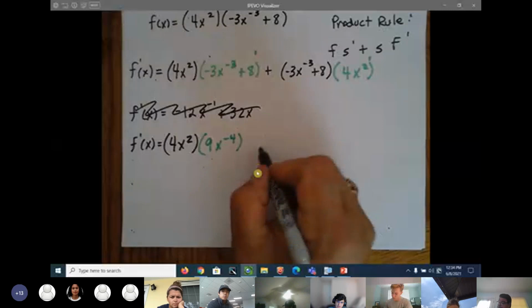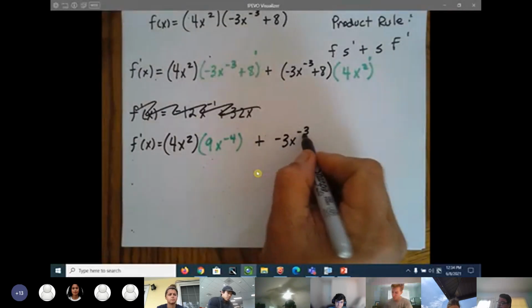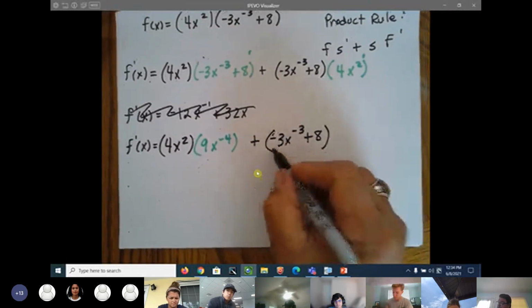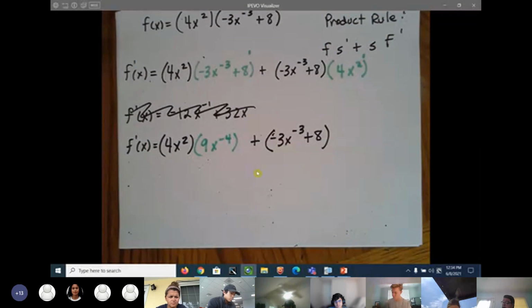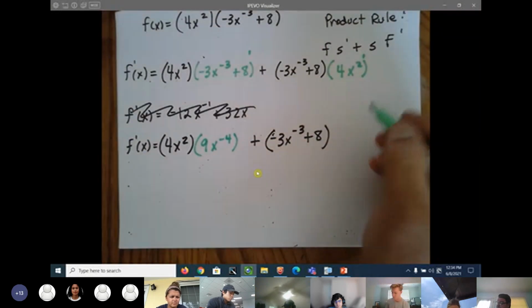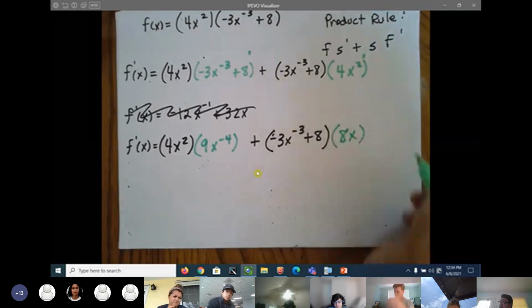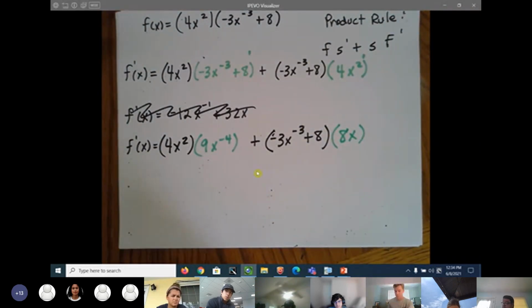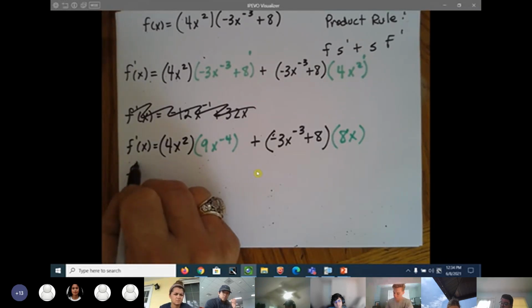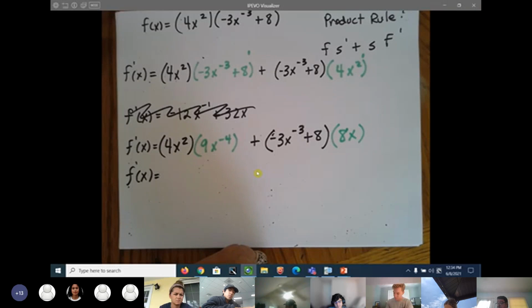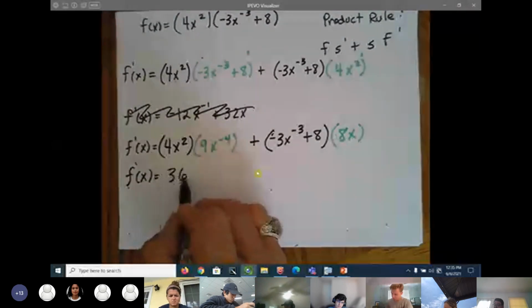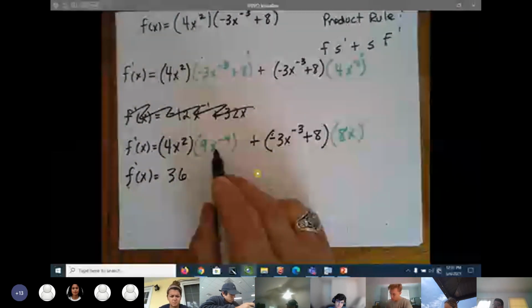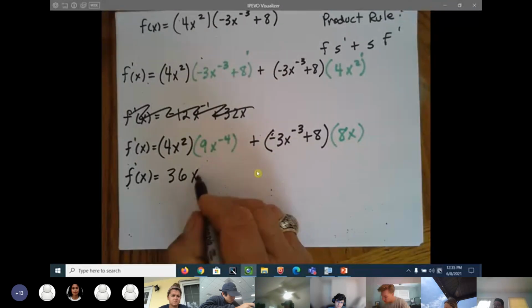Plus the second times the derivative of the first. And the derivative of the first is 8x. Now you can put it all together. 4 times 9 is 36. x to the second times x to the negative 4th is x to the negative 2.